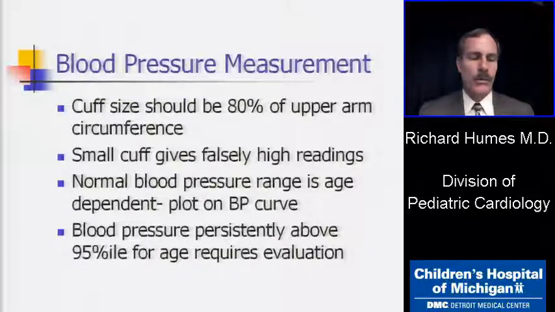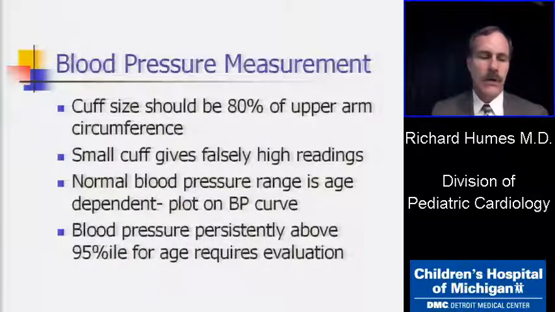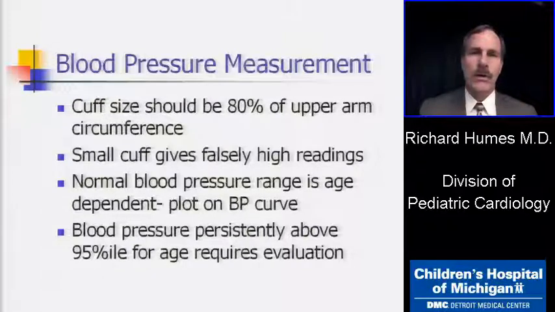Normal blood pressure range is very age dependent, as you know, and therefore one should be either very aware of those blood pressures or plot them on a blood pressure curve, just as you would heights and weights for smaller children. A blood pressure which is consistently or persistently above the 95th percentile for age requires some sort of evaluation.